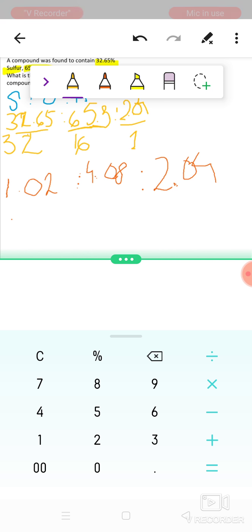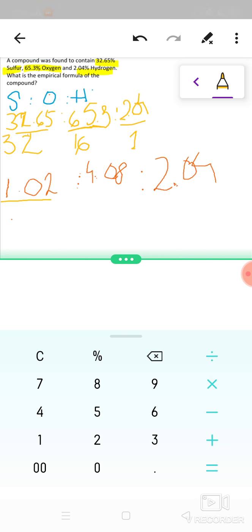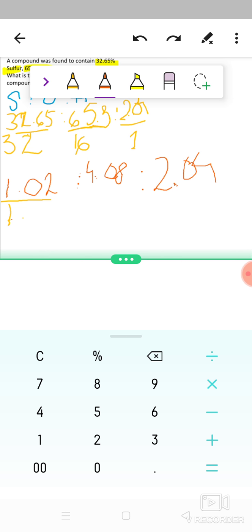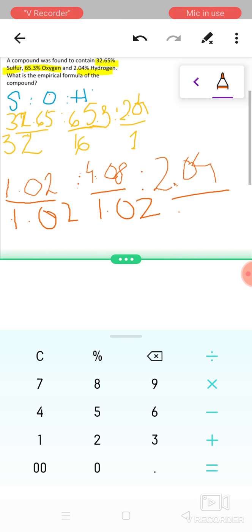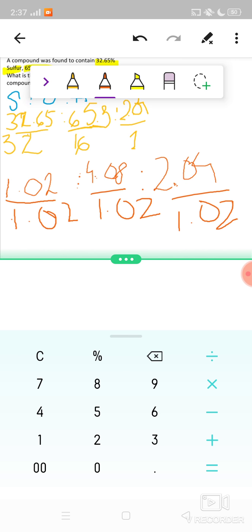So we are going to take 1.02 and divide all of these by it: 1.02 divided by 1.02, 4.08 divided by 1.02, and 2.04 divided by 1.02.